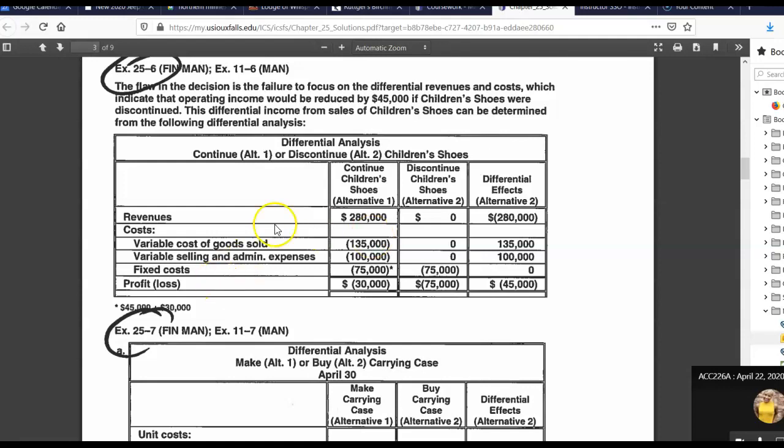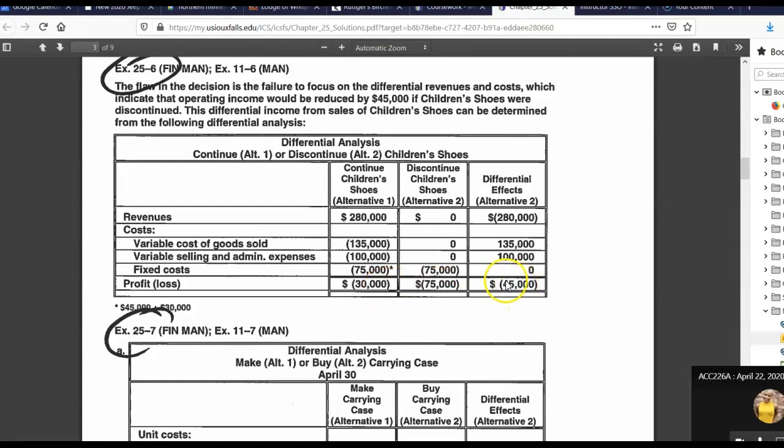And that's what they're trying to show you here, is these children's shoes, it does lose, right? We're still showing a loss. However, the revenues and the variable costs associated with those children's shoes do cover some of these fixed costs. Unfortunately, not all of it, because there's still a $30,000 loss, but it covered 45,000 of it, right?